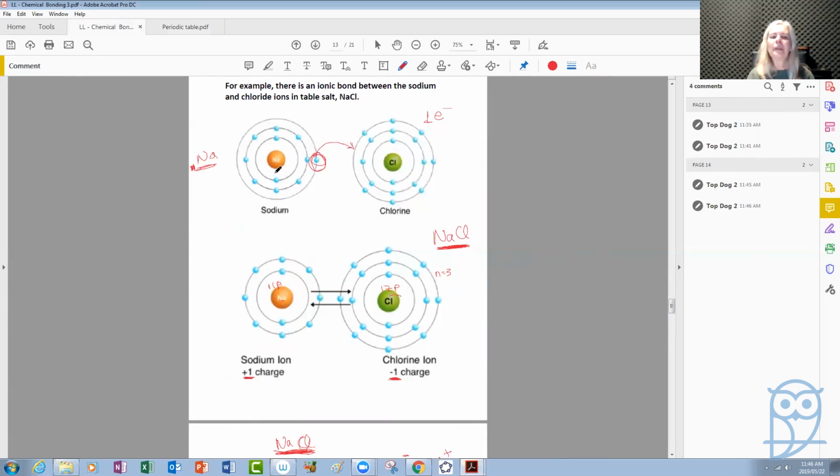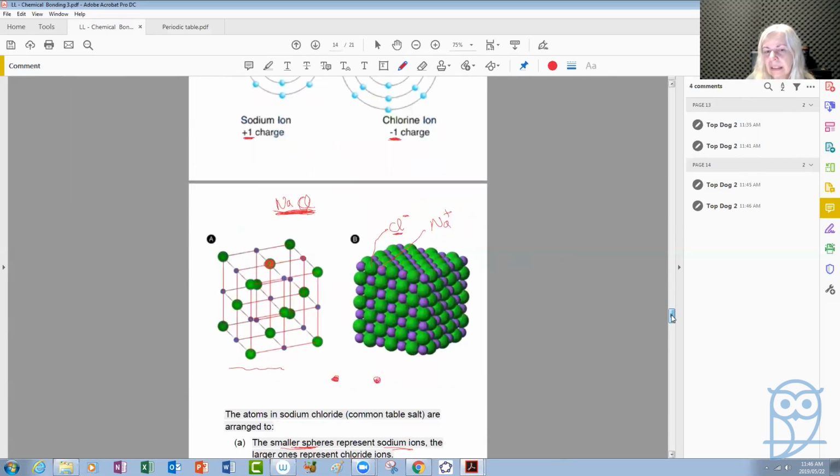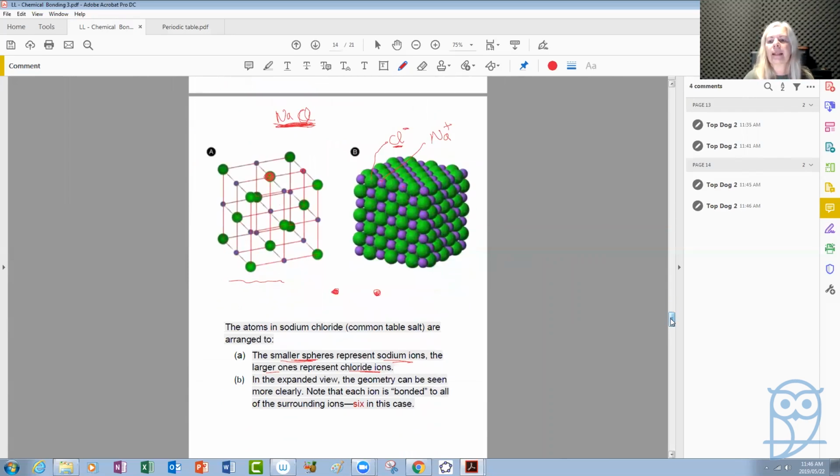You see, positive ions are smaller than the atom. That is why the sodium ion now looks smaller than the chlorine ion, which has increased. That is why the green spheres, the bigger ones, represent the negative ion, and the smaller spheres are the positive ions.